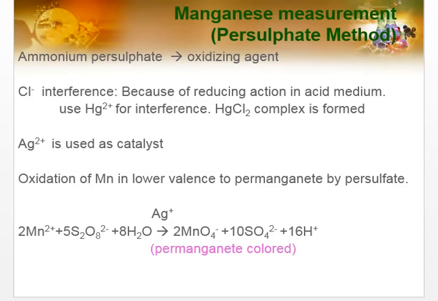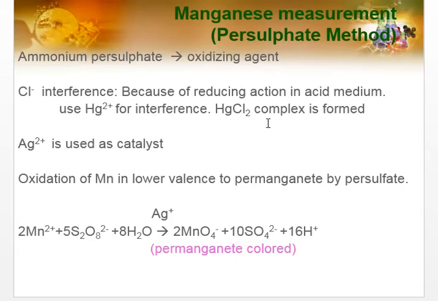What is the persulfate method for the measurement of manganese? Ammonium persulfate is the oxidizing agent. Chloride interferes because of its reducing action in acid medium, so use mercury(II) for the interference.